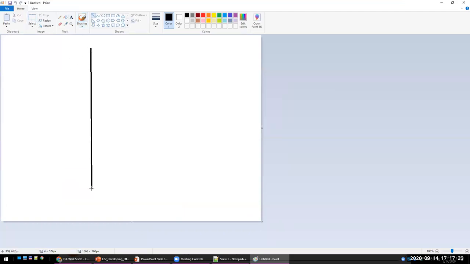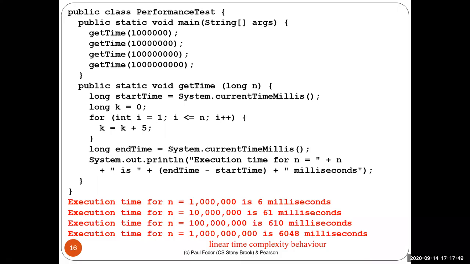So if this is the execution time on the y-axis, and this is the input size on the x-axis, the execution time basically is somewhere like this. Basically, it grows linearly in the size of the input. Okay, so it's very direct growth. And yes, the slope will be different based on the constant c, but it's still linear. We are looking at linear growth.